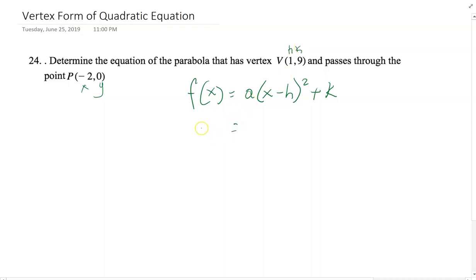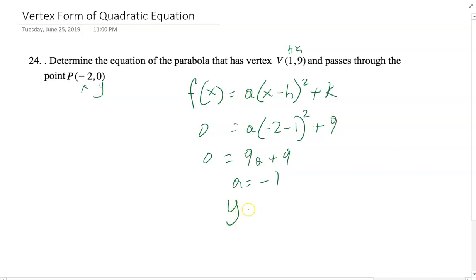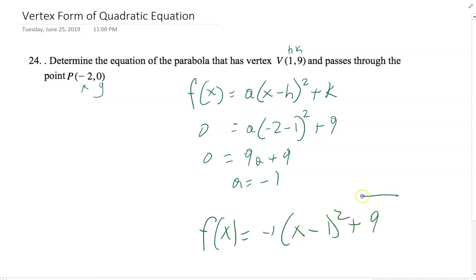So let's plug that in. 0 is equal to a times negative 2 minus 1 squared plus 9, and so 0 will be equal to, don't forget to square this, 9a plus 9. Simplify, a will be equal to negative 1, so your final thing will be f of x equal to negative 1 times x minus 1 squared plus 9. There you go.